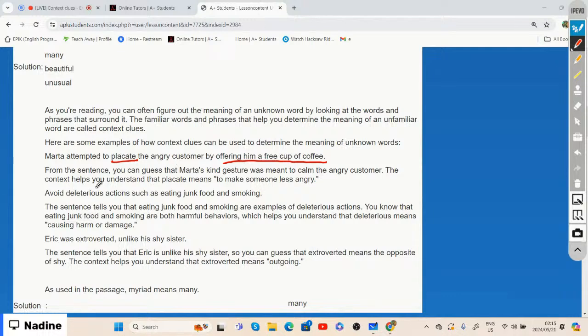And the context helps you to understand that placate means to make someone less angry. So if you're trying to calm someone, it's the same as saying I am trying to make the person less angry. Because you placate the customer, you placate that person. It is to make the person less angry.